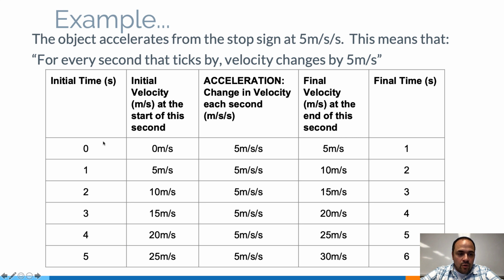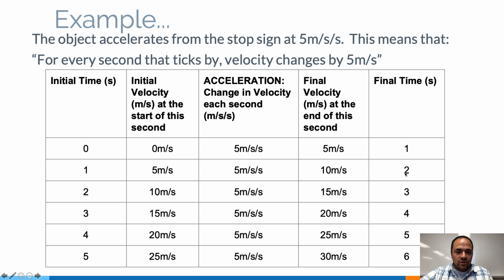Over the course of this second, from 0 to 1 seconds, that time interval of 0 to 1, that object increases its velocity by 5 meters per second. So every second, the object will increase velocity by 5 meters per second. All right, so right now, at the end of this first second, we are going 5 meters per second. Now we start the next second.